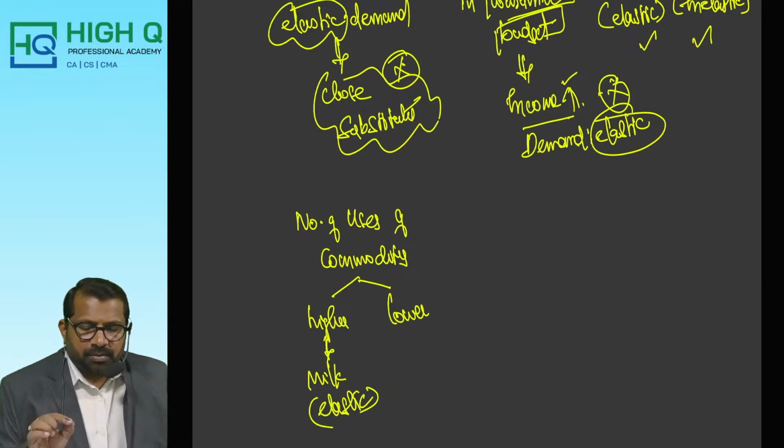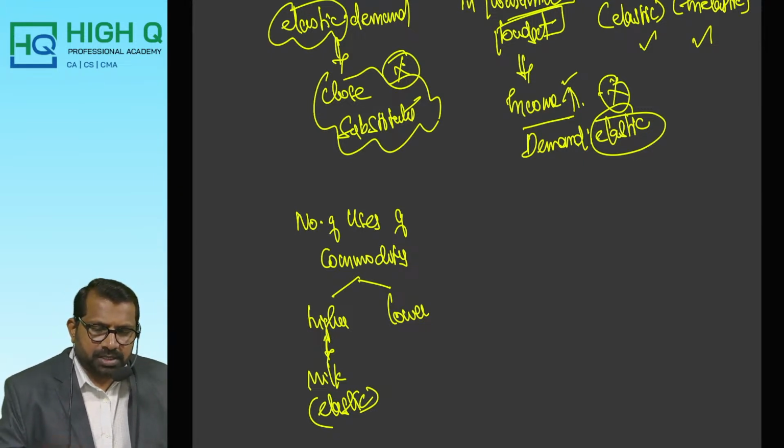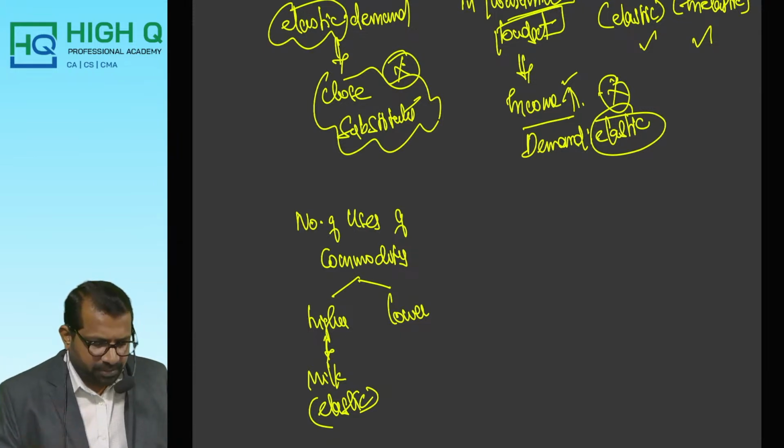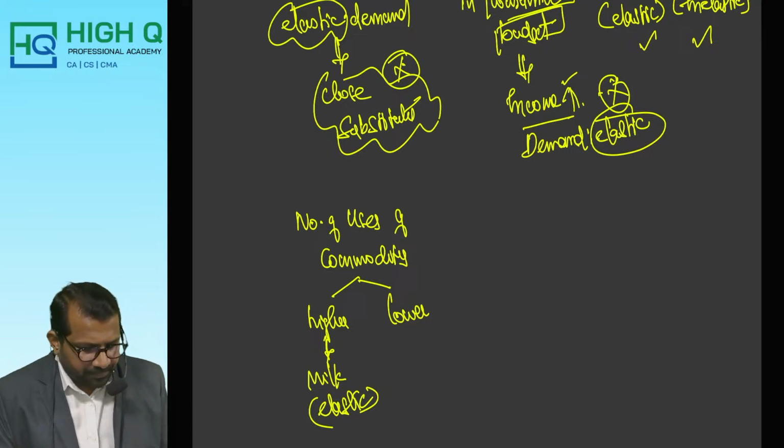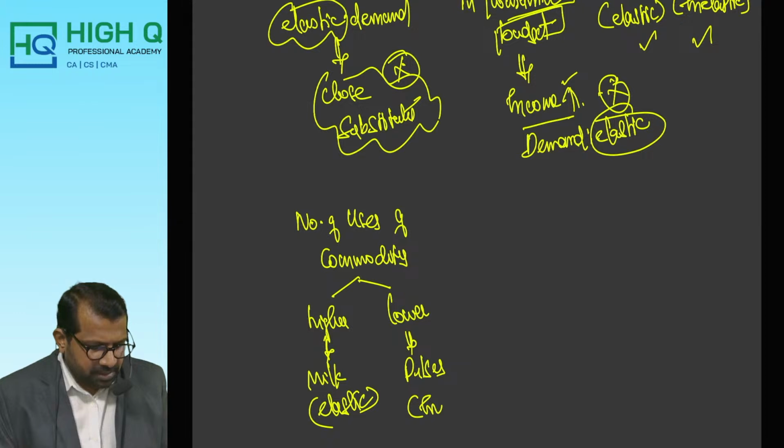Even if the price is large, there is no other way for people to procure milk, because the commodity can be used for different purposes. In the same way, for a lower number of uses, for example pulses, demand comes under inelastic demand.